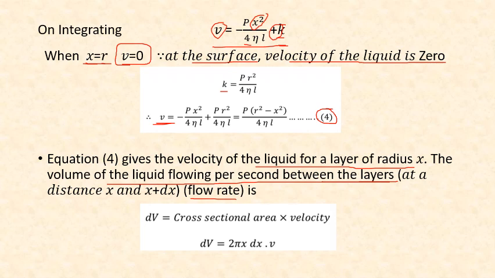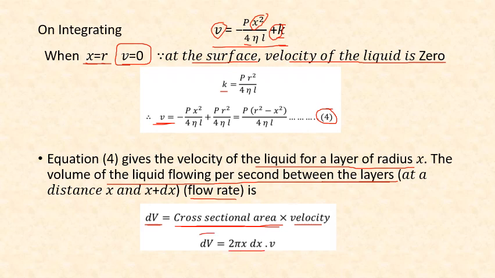Now to do that, we must know the cross sectional area between the layers x and x plus dx and the velocity. We know the velocity v from equation 4, and the cross sectional area between the layers x and x plus dx is given by 2 pi x into dx.